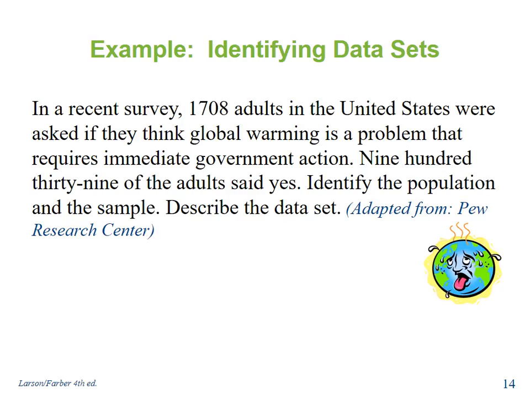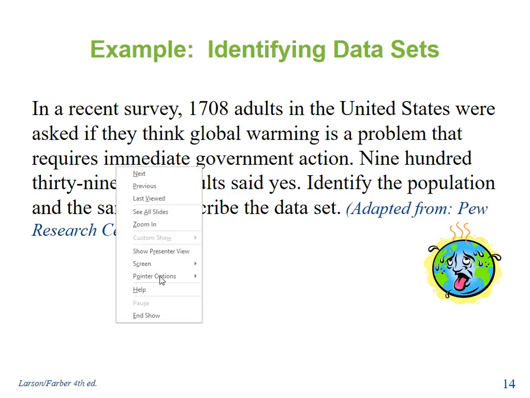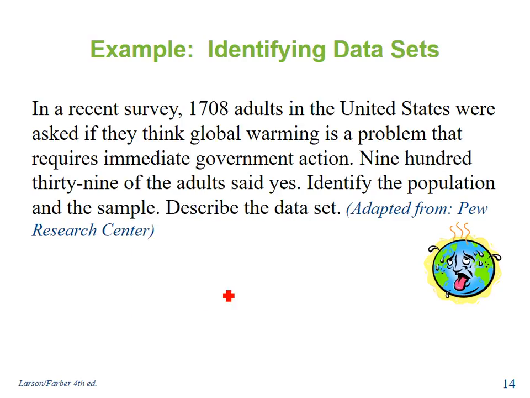1,708. Remember last time we talked about crazy fractions and how we're probably not going to write stuff as fractions. Well, this one says that 939 said yes. So if I do this, that would be 939 out of 1,708.